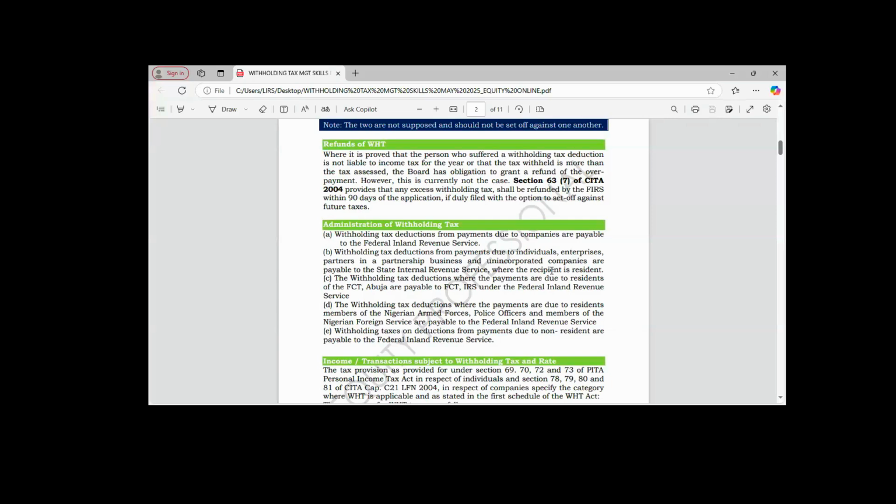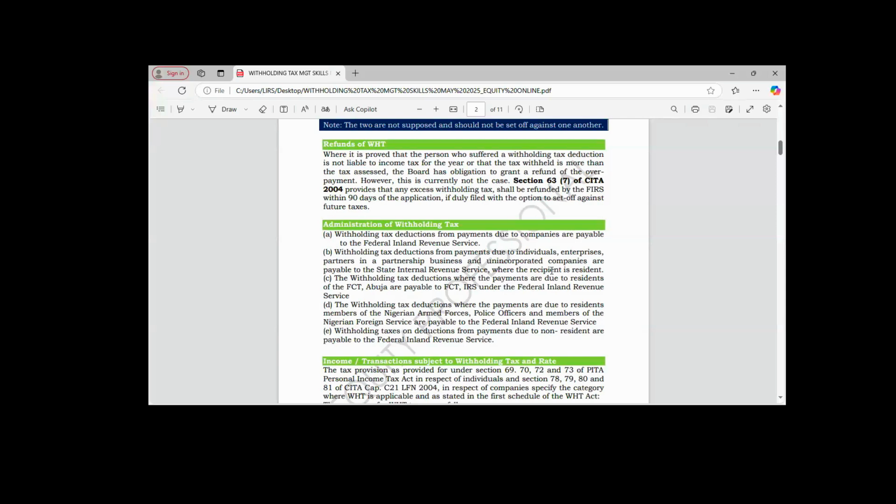Then withholding tax deducted from payment made to members of the armed forces, members of the Nigeria Police, all other forces, and members of the Foreign Affairs Services is payable to the Federal Inland Revenue Service. Then withholding tax due to non-residents, whether non-resident company or individual, once it's a non-resident, is payable to the Federal Inland Revenue Service.